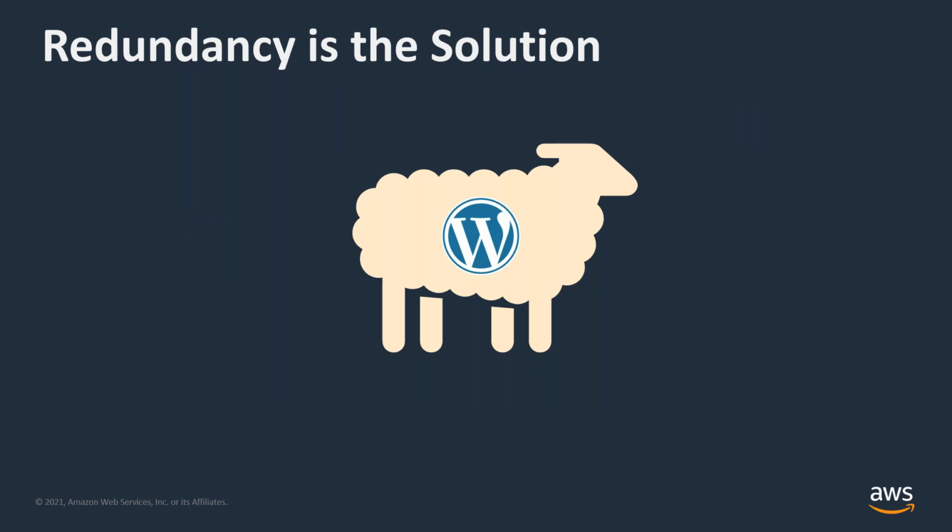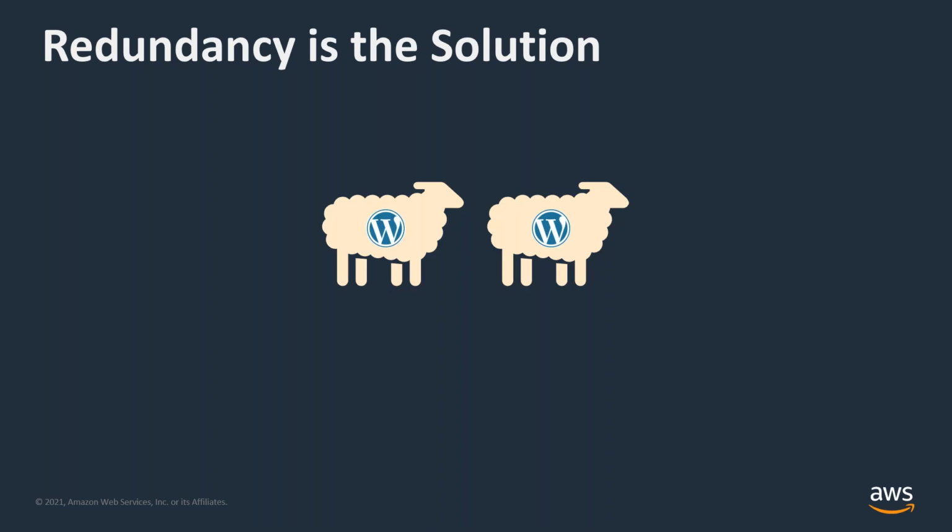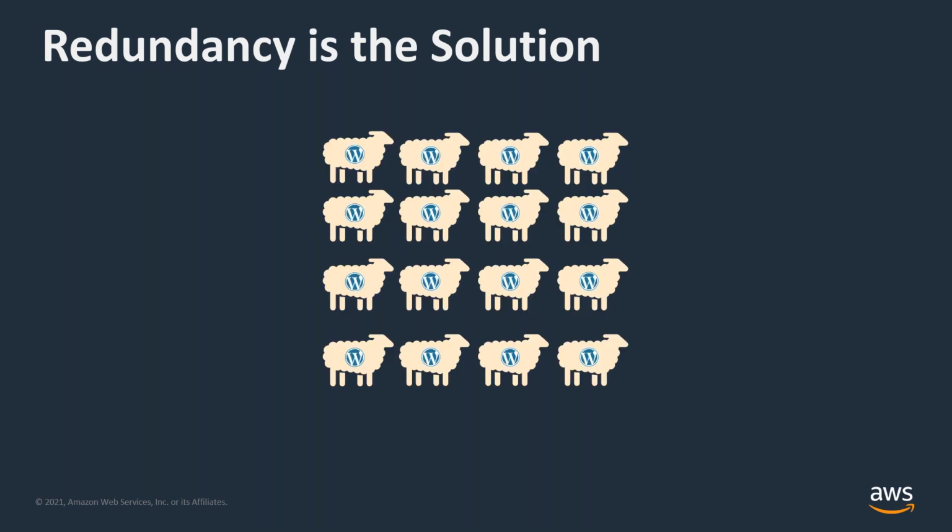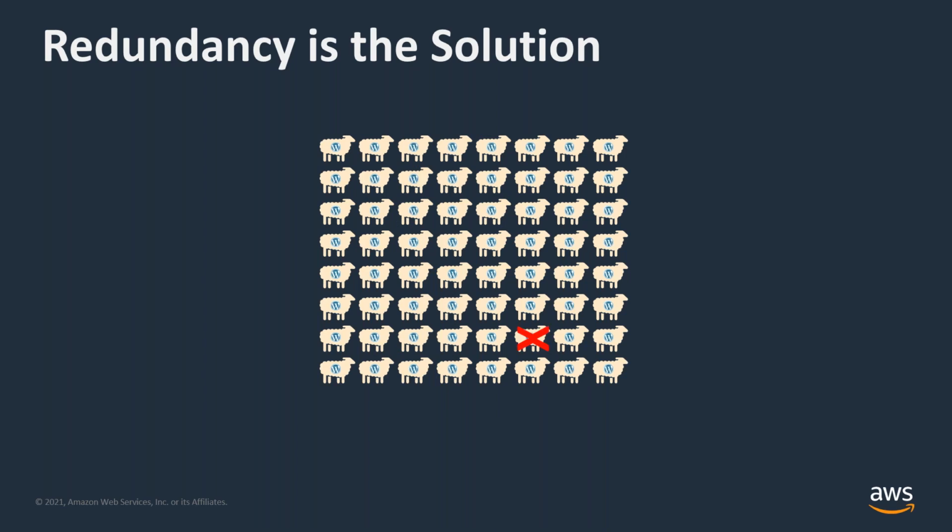As it turns out, the key to high availability often comes in the form of redundancy. And like with sheep, the more you have, the less likely you are to notice if one goes missing. You can add more and more, and the less likely you are to see that one out there in the middle goes missing.